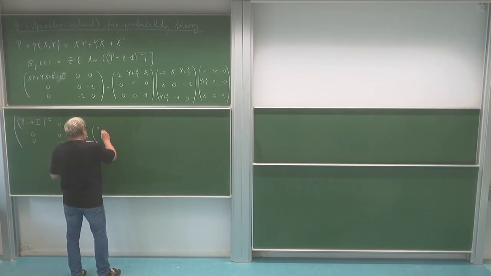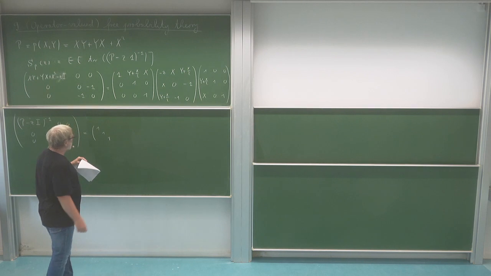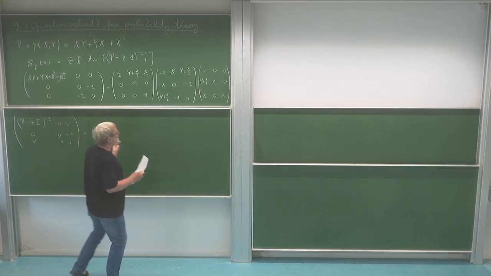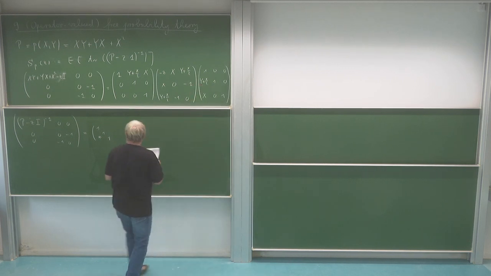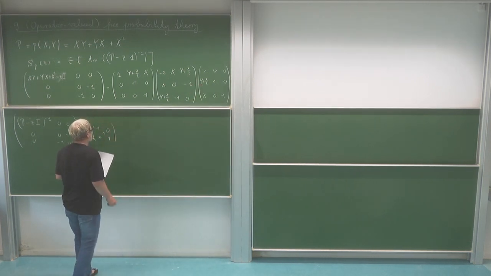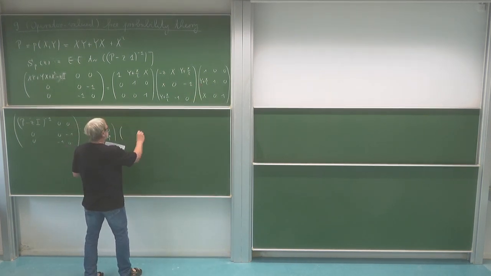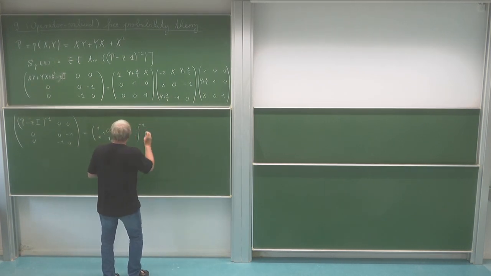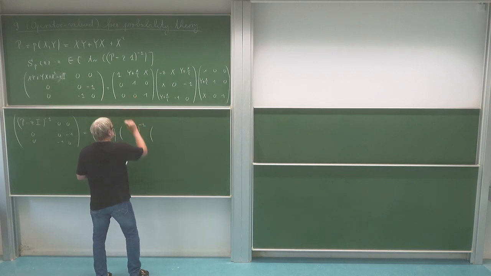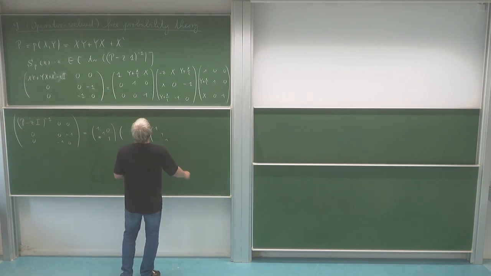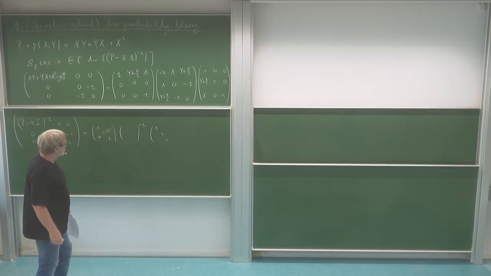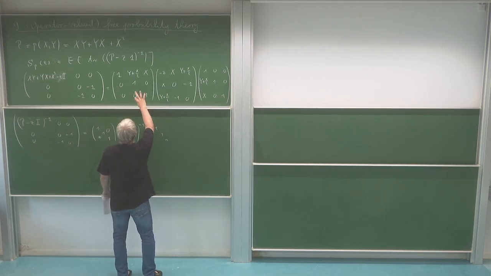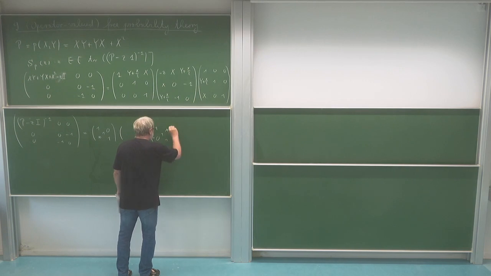So this just has ones on the diagonal, and then it has something here which is just a modification of this here, but it still has zeros there. Then I should take the inverse of this guy here, which is of course complicated, times the inverse of this, and this is again something which has ones on the diagonal, and it preserves the structure. There's something here, but zeros here.